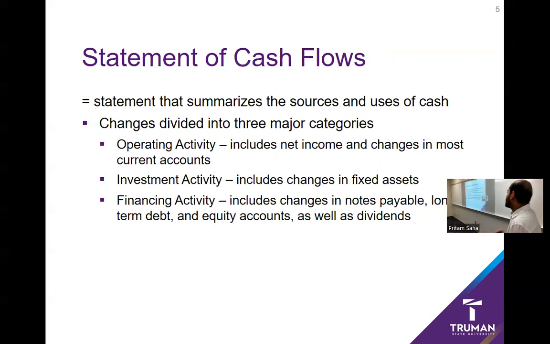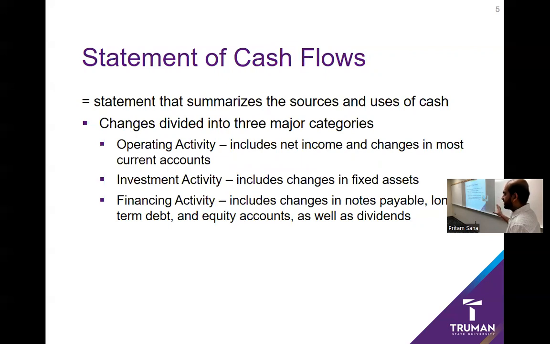From the operations, how much cash we are making, how much cash we are paying. Investment activity is all about investment in fixed assets. And financing activity is all about financing from both stockholders and bondholders.